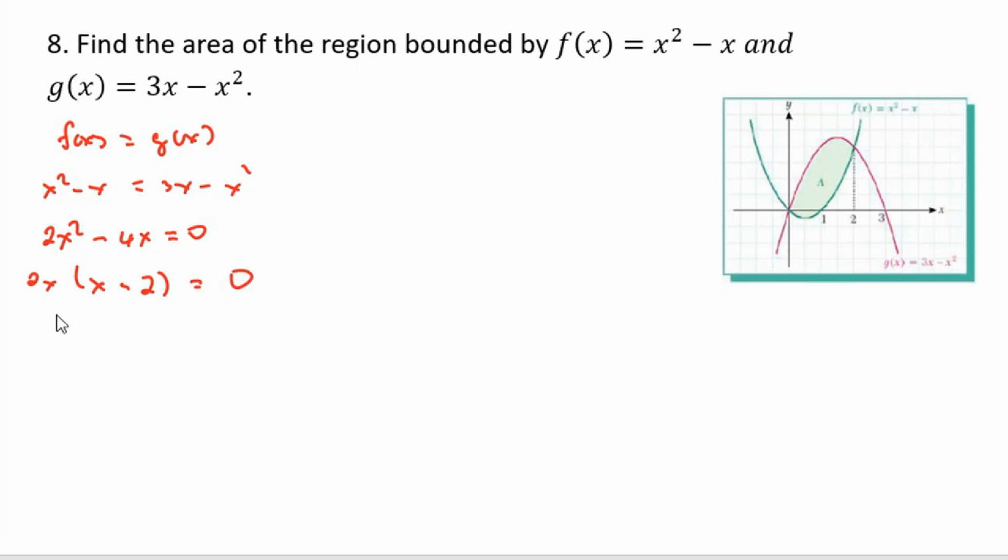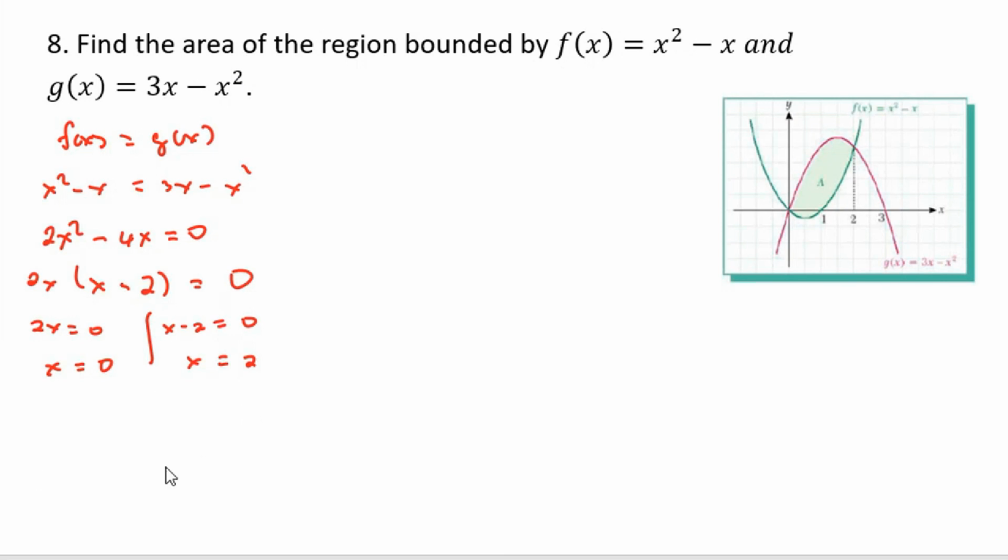Okay, so we have now the factors 2x and x minus 2 is equal to 0. So equating each factor to 0, we could write 2x is equal to 0, and the other one is x minus 2 is equal to 0. Solving for x, this one is 0, and the other one is equal to positive 2. So the interval now is from 0 to 2.